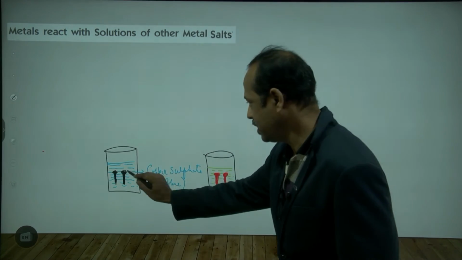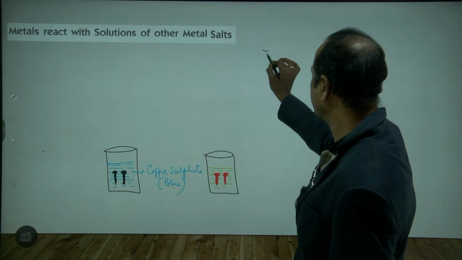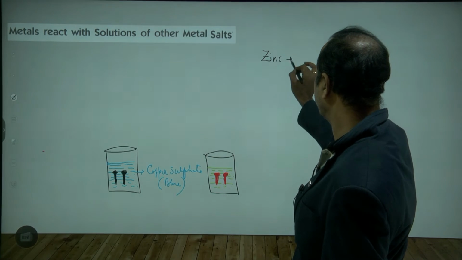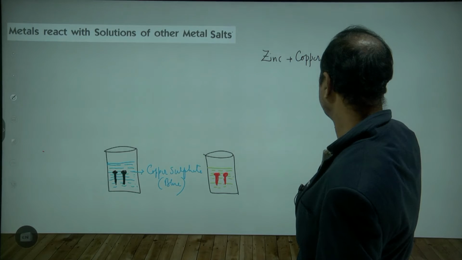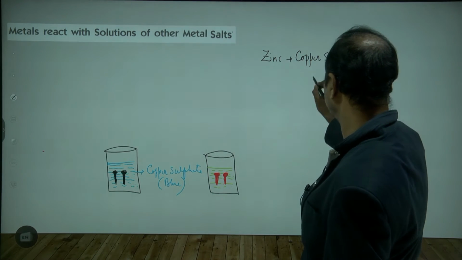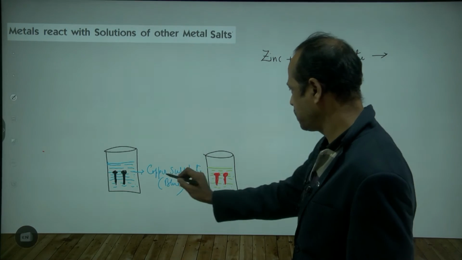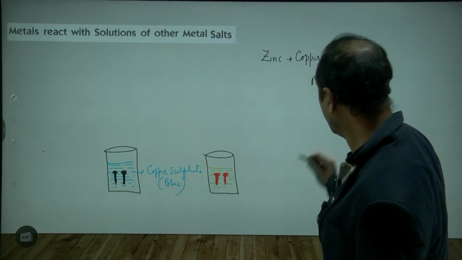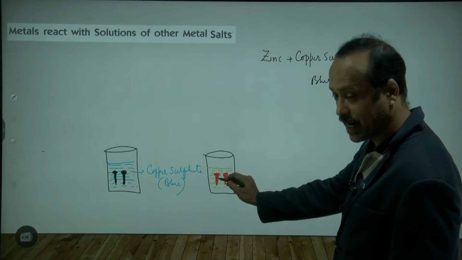So here I am taking zinc pieces in copper sulfate solution. The copper sulfate solution was blue in color. After some time it turned into a light green solution, and this converted to red in color.